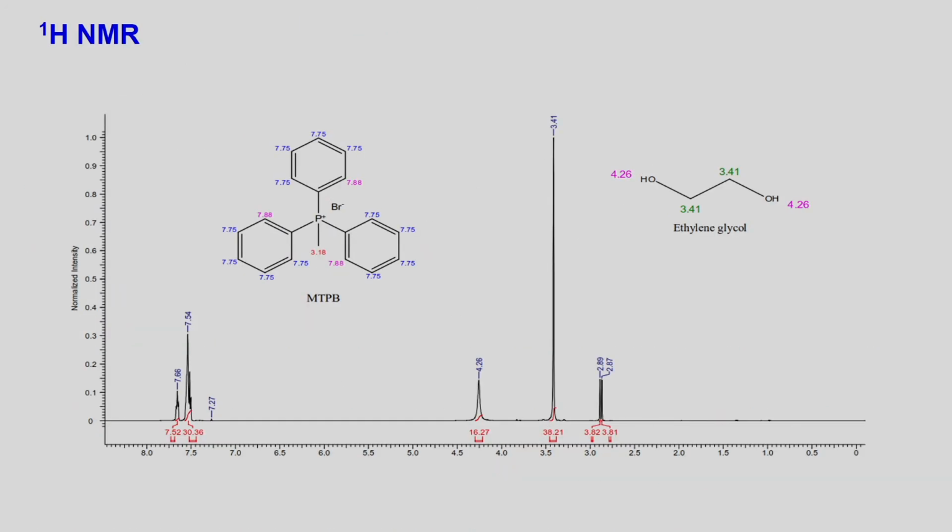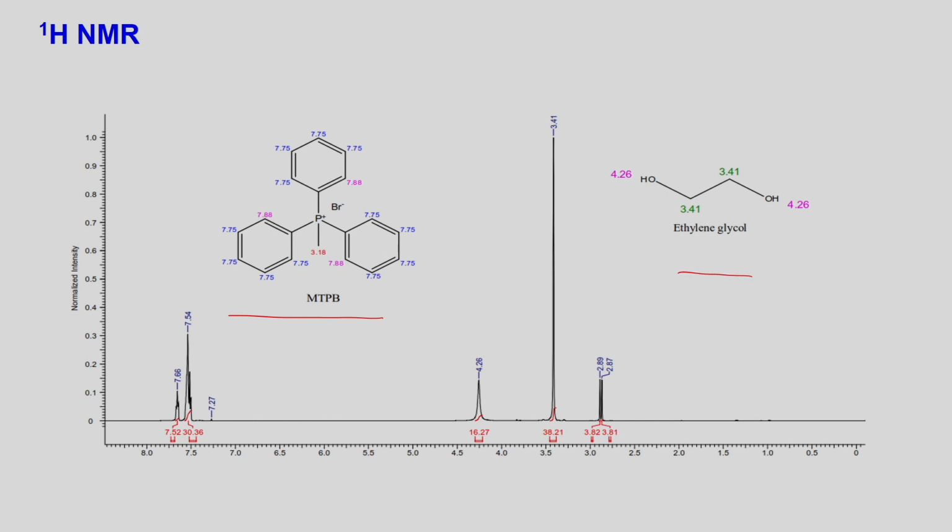Now, let us see how carbon-13 and proton NMR actually interact. In this case I will again take the liberty of showing an example of methyl triphenyl phosphonium bromide and ethylene glycol.